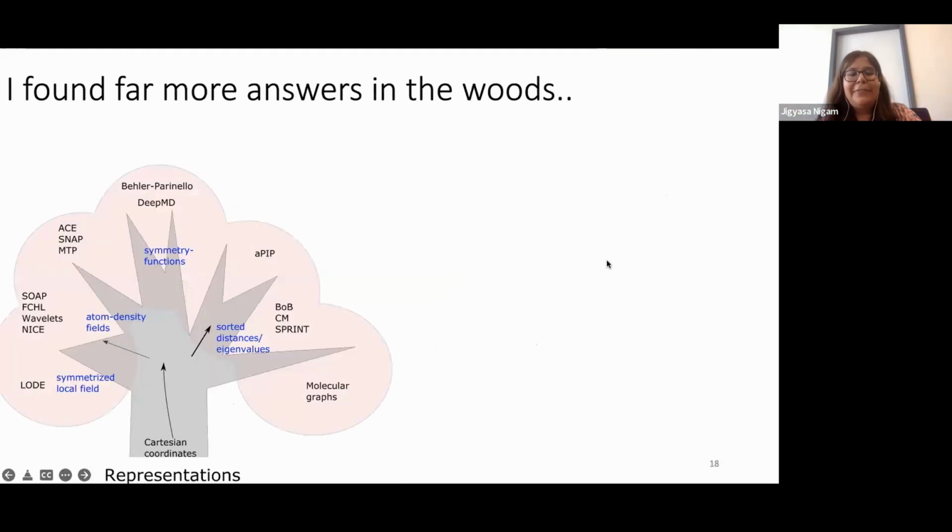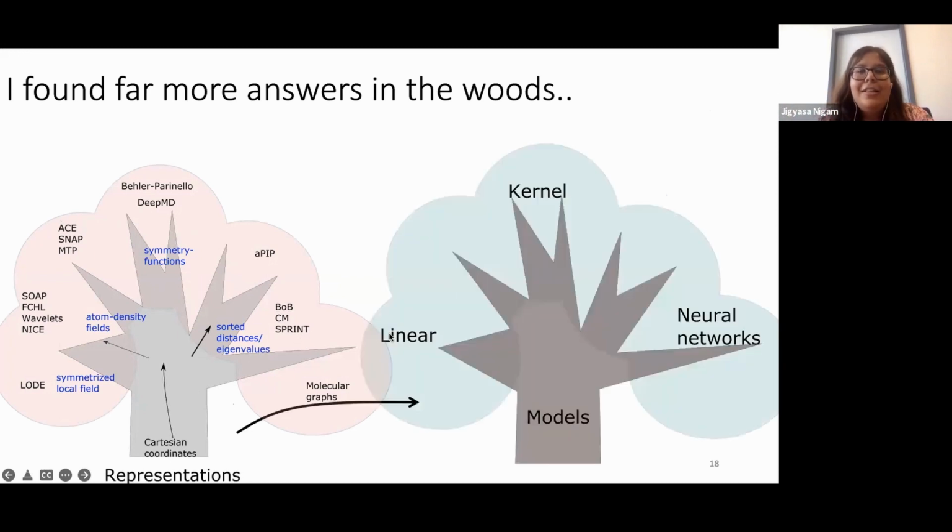I would now like to conclude by reuniting all the different things I talked to you about today. I started with this tree, which showed you what sort of representations have been used over the last decade or so, and what sort of symmetry operations were used in describing this tree. Then we built a whole tree of models on top of these representations, because these could be used as inputs to linear, kernel, or neural network-based models.